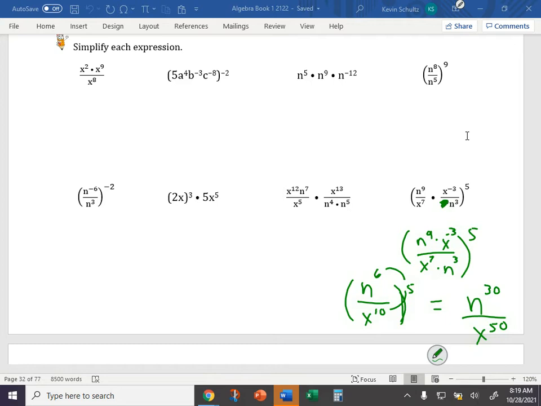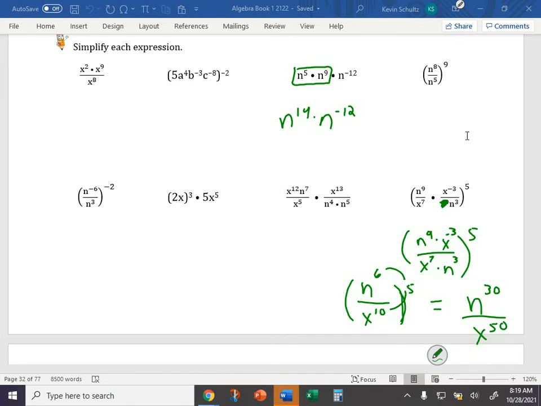Eileen. I have a question on the third one, first row. Okay. So I got n to the 14th times n to the negative 12. Would we multiply them together or put the n to the negative 12 in a fraction? So you've got two options here, right? She started by combining those positive powers. 5 and 9 give us a total of 14 here.